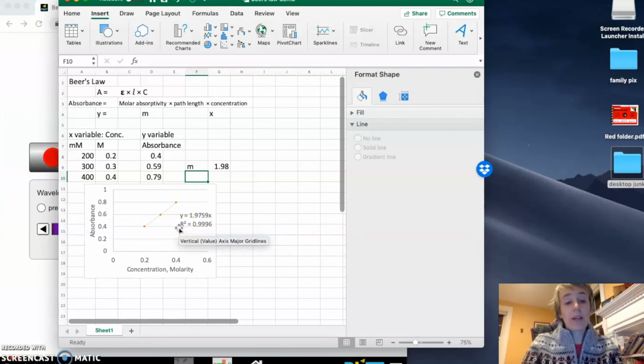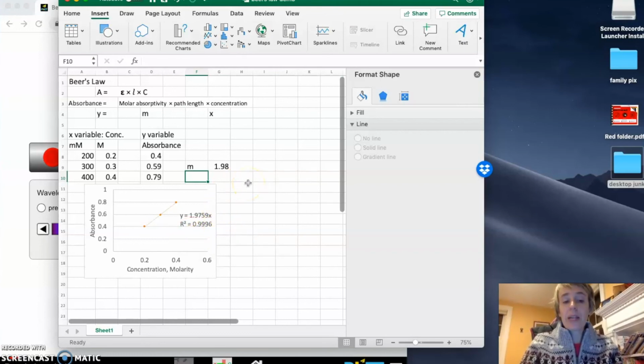The closer to 1, the better. And typically, Beer's law is a very well-constrained law. Our data tends to fit the model. So you tend to get very good R-squared values with Beer's law. If you're seeing something less than 0.9, there's probably a problem there.